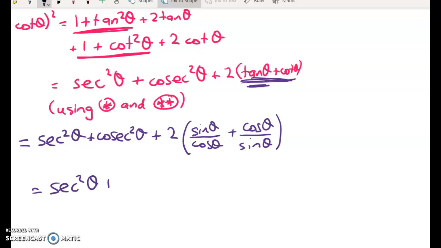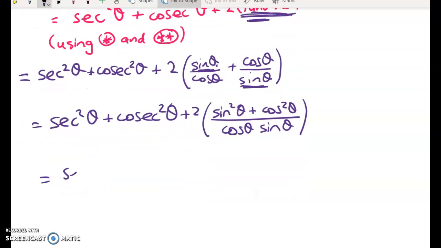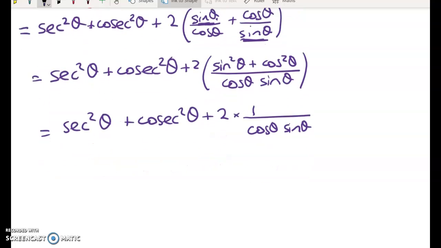So that equals sec squared theta plus cosec squared theta plus 2 times, getting a common denominator now, cos theta times sine theta, so now I've got the sine theta here multiplied by this, so sine squared theta plus cos squared of theta. And we really like that because that numerator is equal to 1. So sec squared theta plus cosec squared theta plus 2 times 1 over cos theta sine theta.